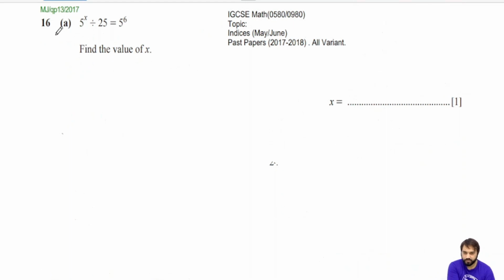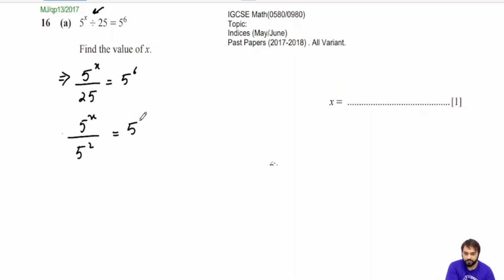Okay, moving toward our next question. The same question paper, in question 16, part A, 5 raised to power x divided by 25 is equal to 5 raised to power 6, and we have to calculate the value of x. So I can write 5 raised to power x, here is the division sign, and 25, and this one is equal to 5 raised to power 6. Now 5 raised to power x remains the same, 25 can be written as 5 square.